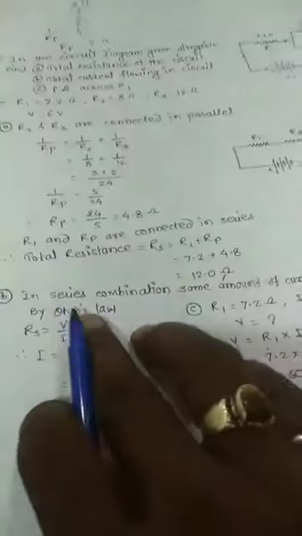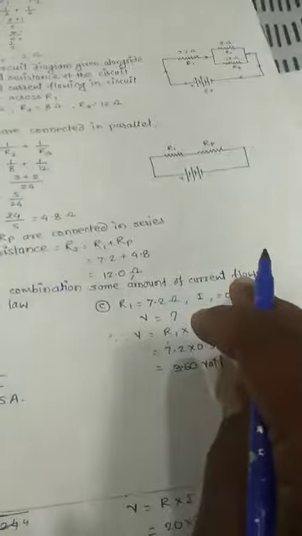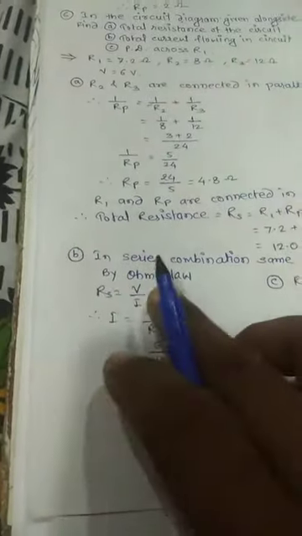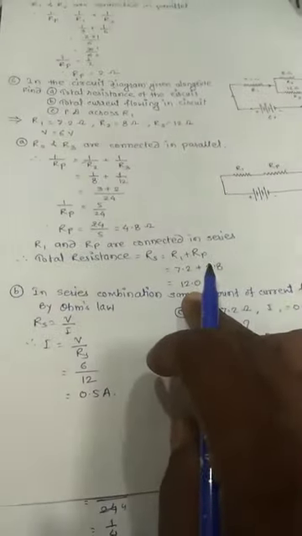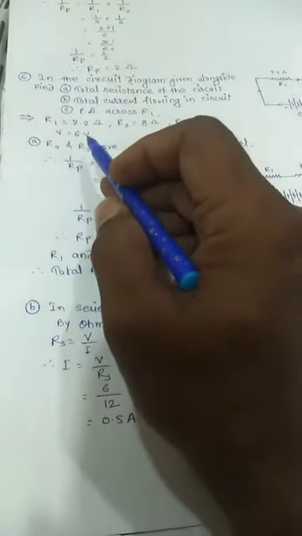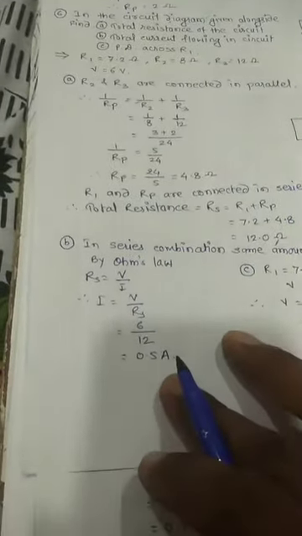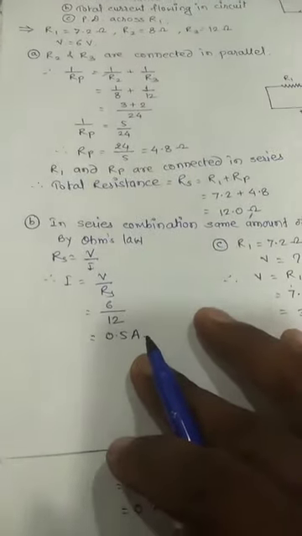So in series combination the same amount of current flows. So by Ohm's law, Rs equals to V by I. Rs we calculated here as 12 ohm. V is given, 6 volt. So substitute here and we will get the current: 0.5 ampere.